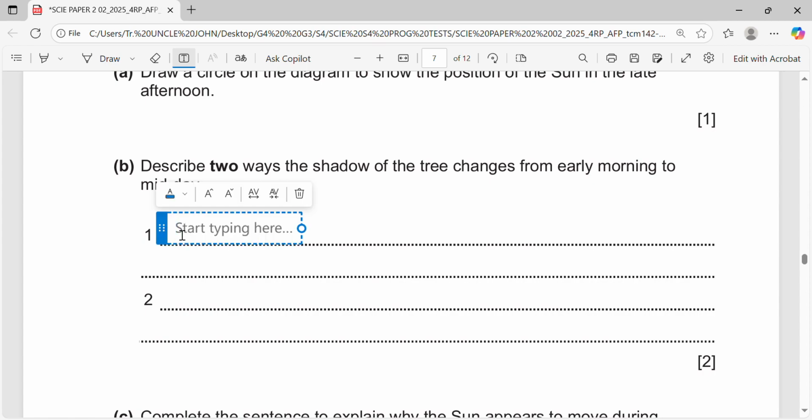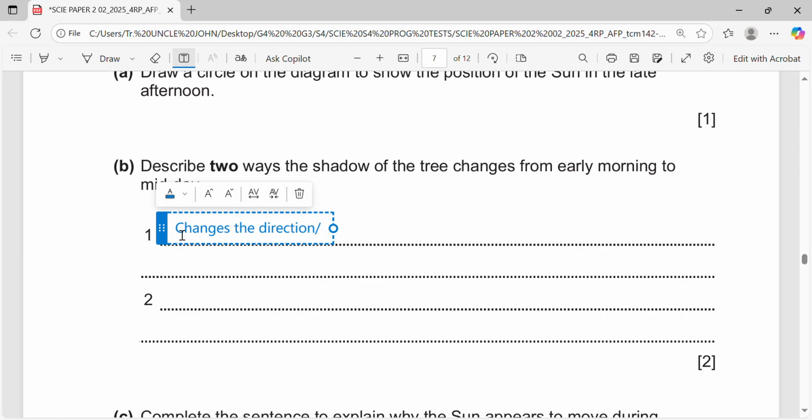Okay, you can say it changes direction, or you can say it changes the angle.